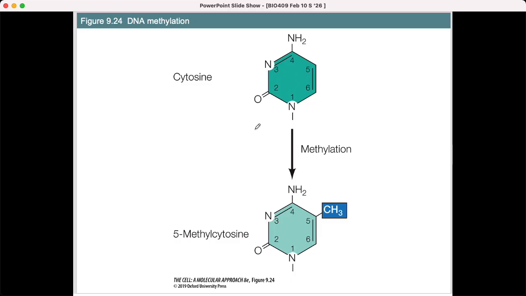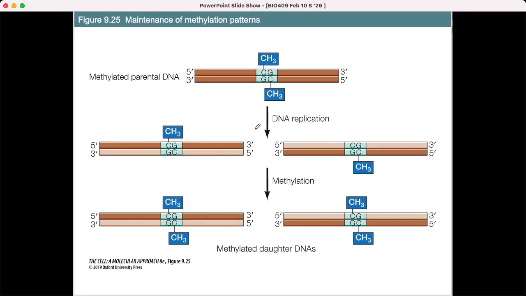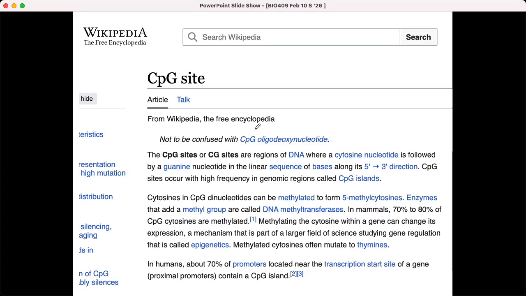And so, just to add a little bit more to the story of methylated Cs, in animals, the C that gets methylated is almost always right next to, in front of, in the DNA sequence, a G. And so people refer to that as a CpG.